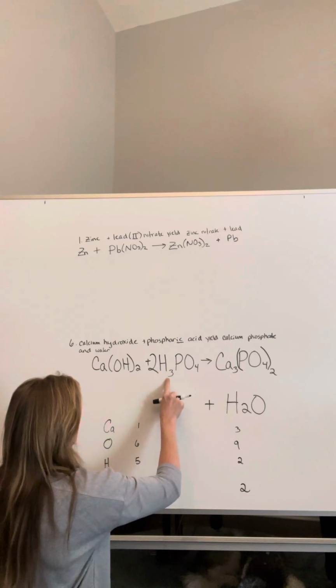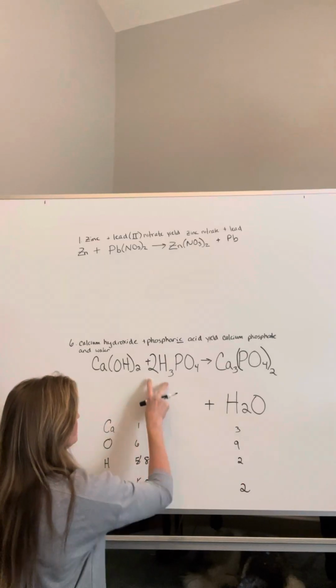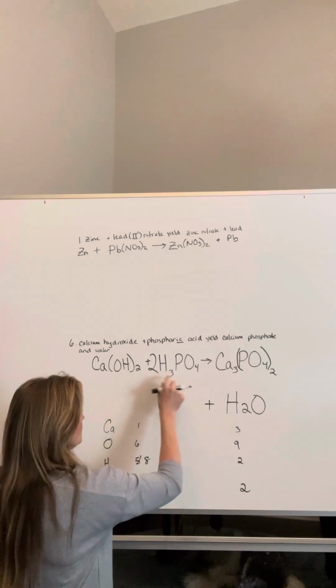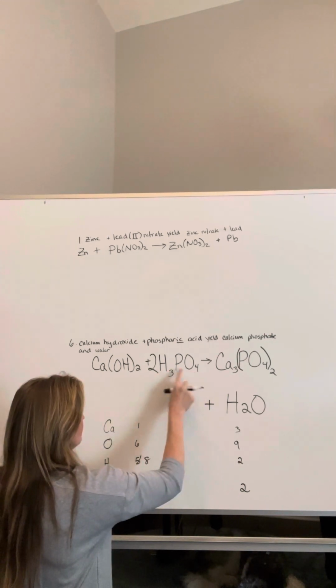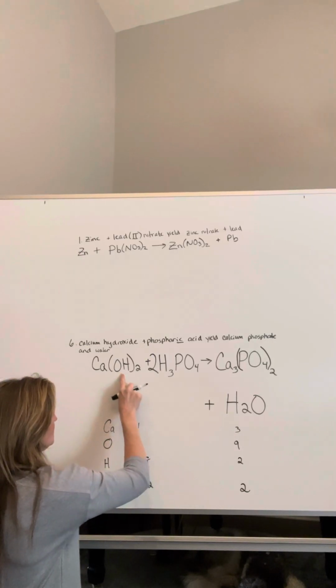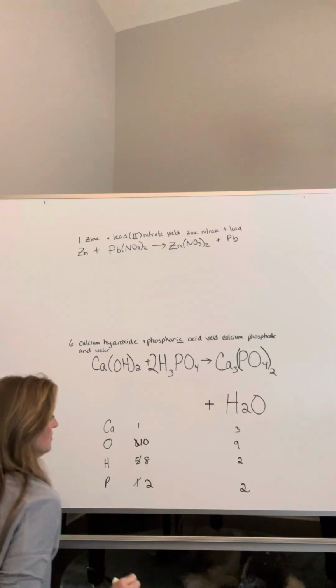So I've got 6 here and 2 here, so now I have 8 hydrogens over here. It also changes my number of oxygens. I've got 2 phosphoric acids, so that means there's 4 in each. So 4 times 2 is 8, plus these 2 is 10. So now I have 10 of those.